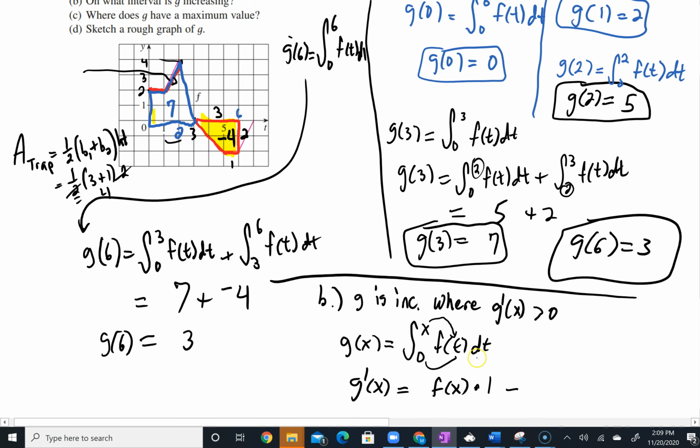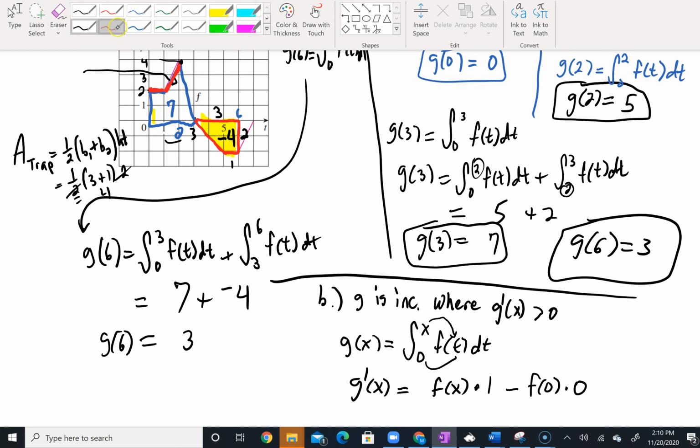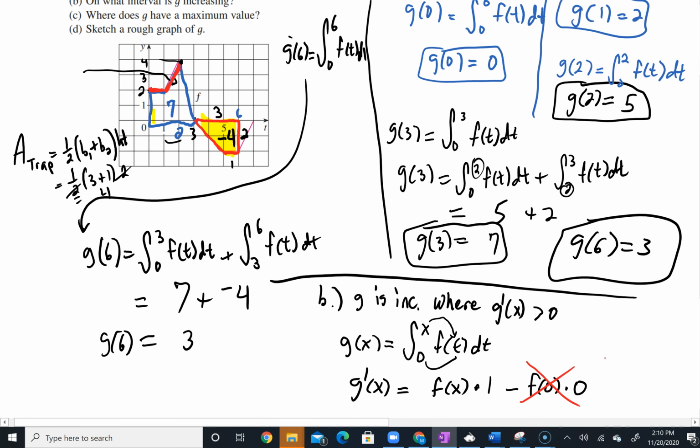Then we say minus, plugging in our lower bound of 0. The derivative of 0 is 0.